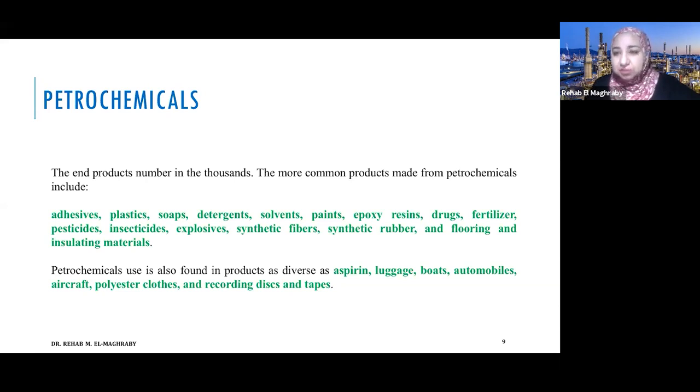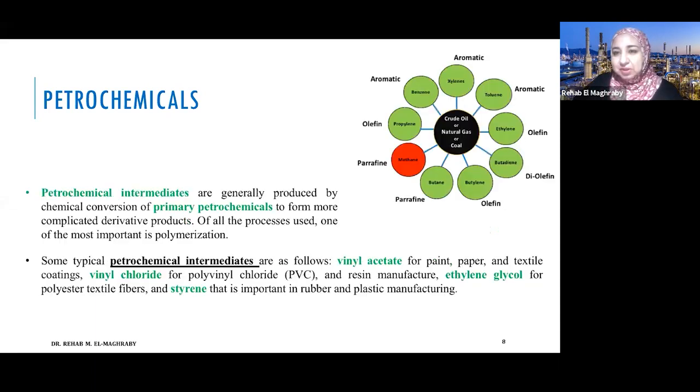Solvents, fertilizers, nitrogen, and ammonia are all based on the petrochemical industry. Explosives, like TNT, and synthetic fibers are also petrochemical. Flooring too. You will find petrochemical products everywhere, in your home, in your car, and all of these petrochemical-based materials start from the building blocks which are extracted from natural gas.